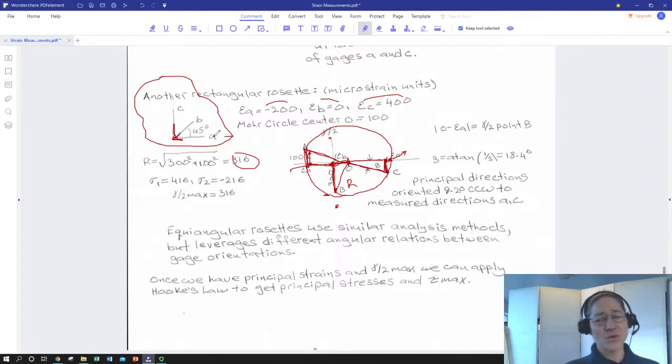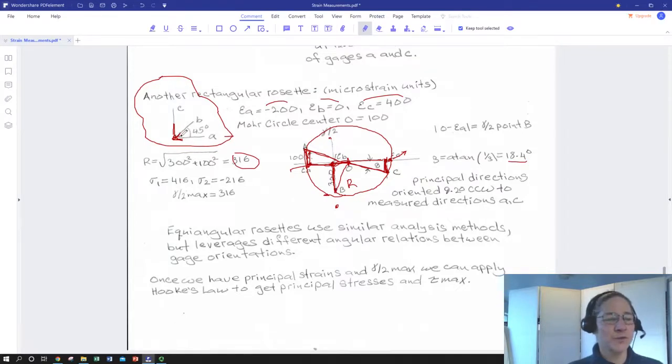So A and C weren't too far off from the principal axes. They were rotated just a little bit, basically 9.4 degrees on the part. They were rotated clockwise from the principal.